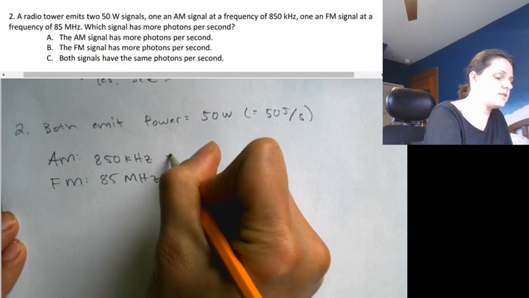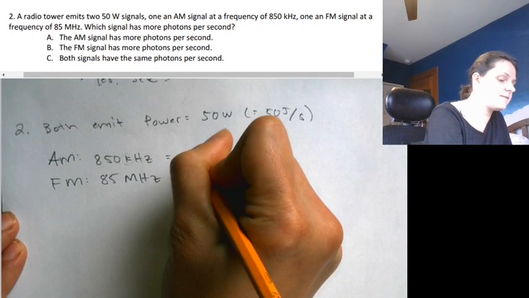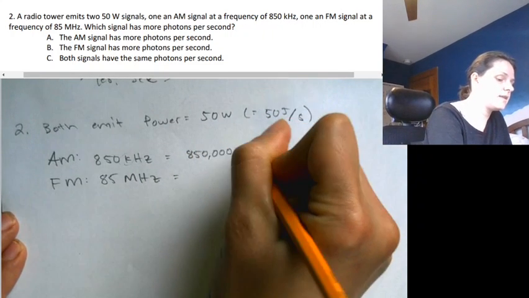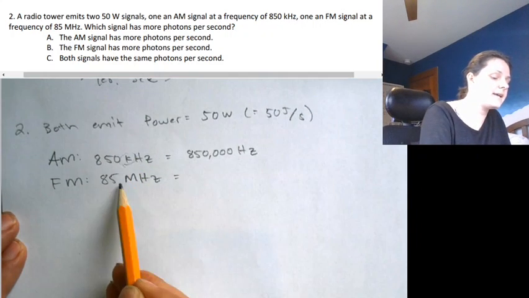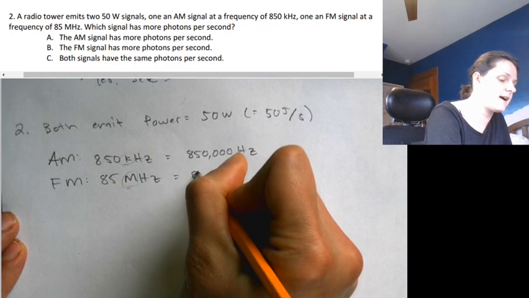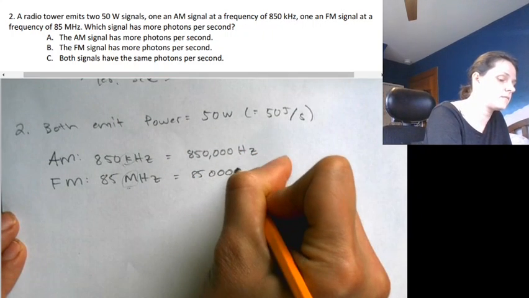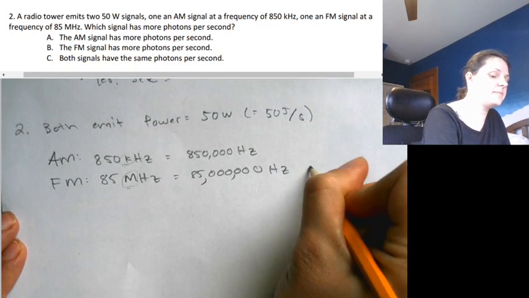Let's go ahead and write these just in the units of hertz. Kilo is 10 to the third, so this will be 850,000 hertz. I'll move the decimal place 3 for this. Mega is 10 to the 6th, so I need to move the decimal place 6 for this. So that's 85 with 6 zeros. So this is the bigger F by far.